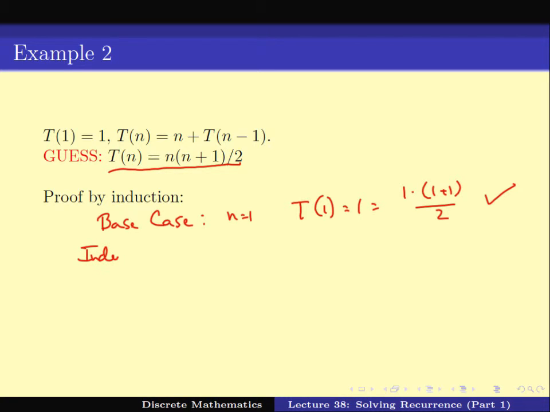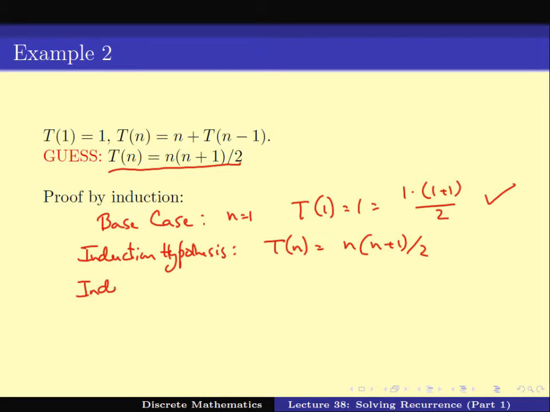Now we have the induction hypothesis. What is this? It says that Tn equals n into n plus 1 by 2.